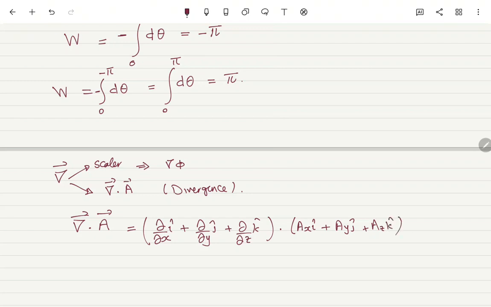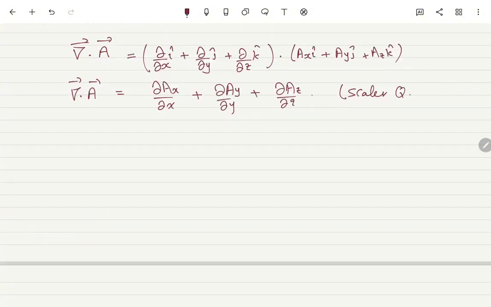And remember, when you dot product two vectors, you dot product i with i, j with j, k with k. Therefore, divergence A is equal to partial Ax partial x plus partial Ay partial y plus partial Az partial z, and this is a scalar quantity.